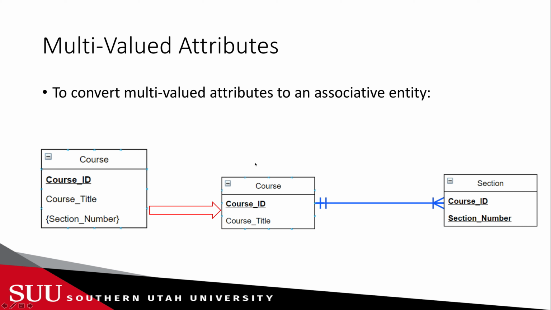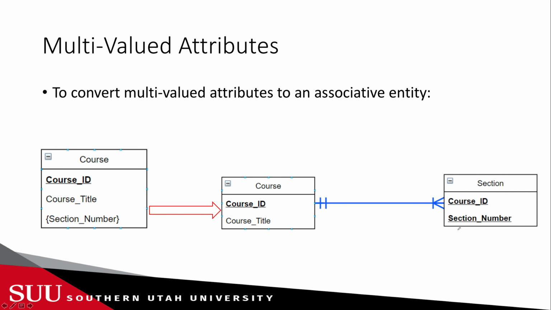As we said, we'll divide it into two entities, the original entity and the associative entity. And then I copied course ID into the associative entity, and I moved section number, which is a multi-valued attribute, from the entity itself to the associative entity, and then both of them are going to be the primary key.